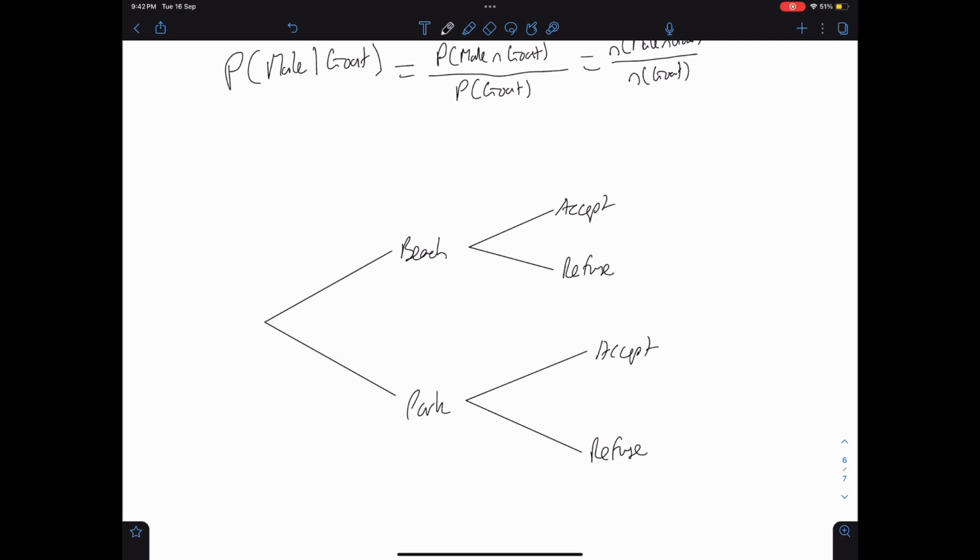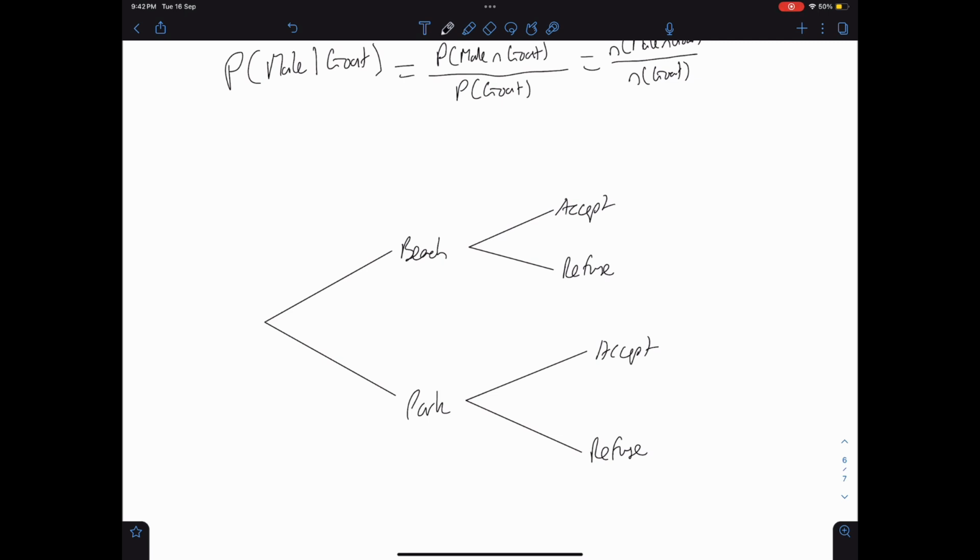And so this situation is, say, like someone offering their friend if they want to go to the beach or the park, and they might offer beach or park, and then the friend might accept or refuse.